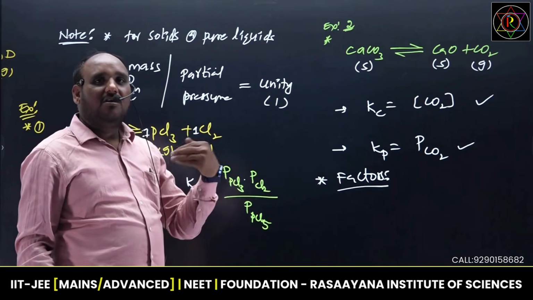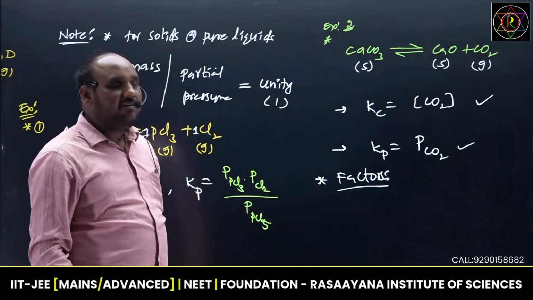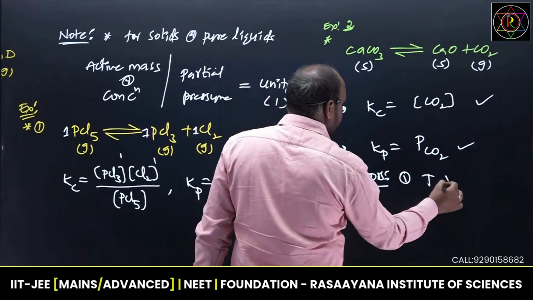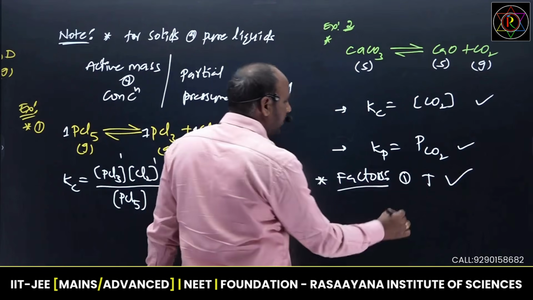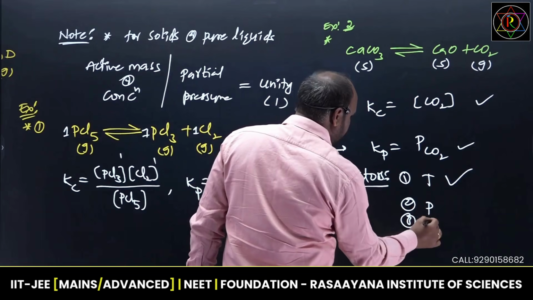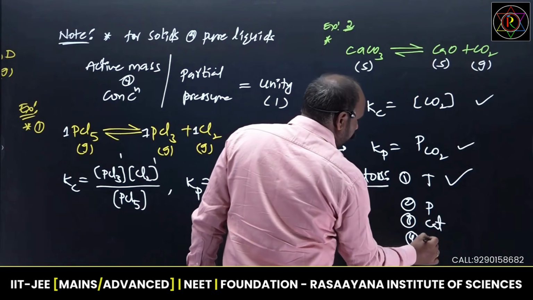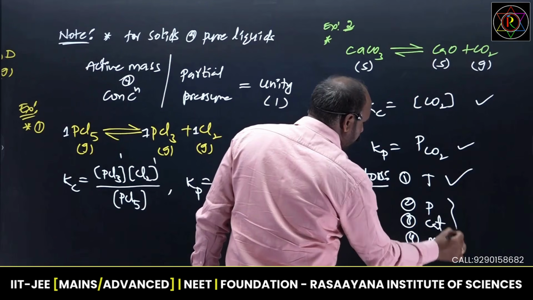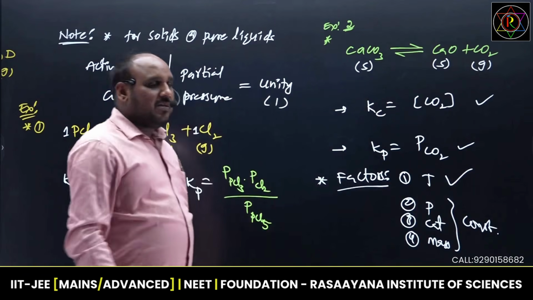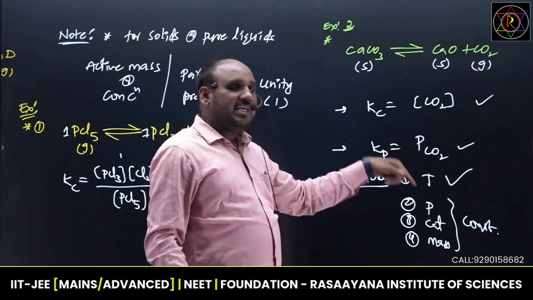The remaining are all constant at equilibrium, right? The other properties like pressure, catalyst and mass are all constant at equilibrium.